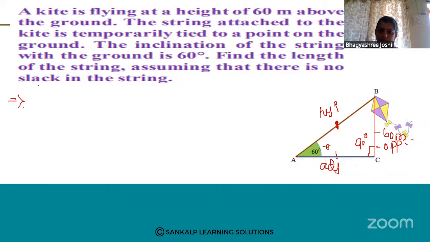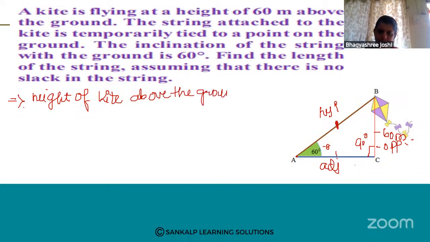Next. A kite is flying at a height of, the kite above the ground is BC equal to 60 meter. Okay.